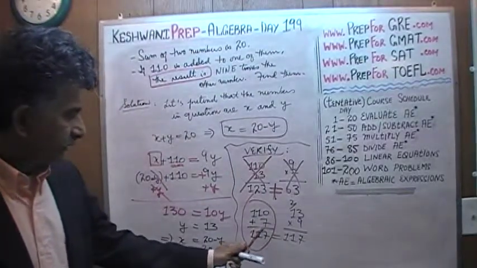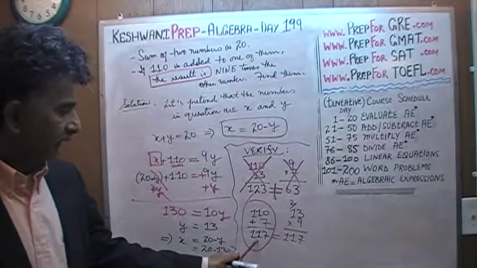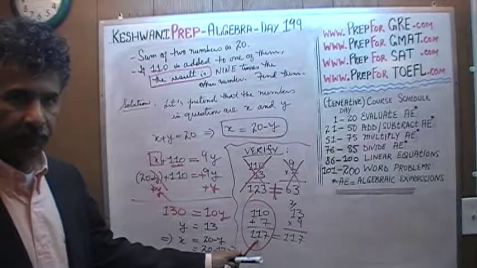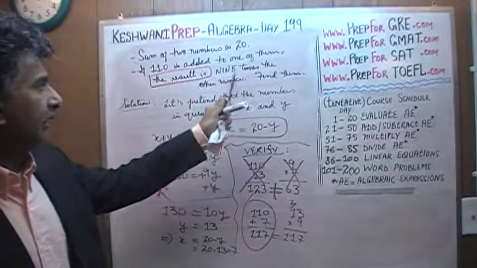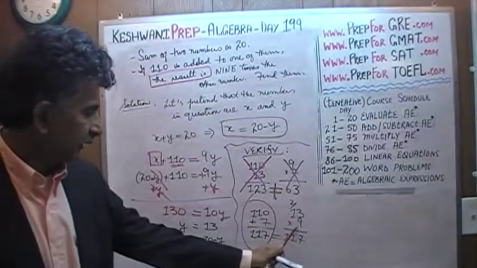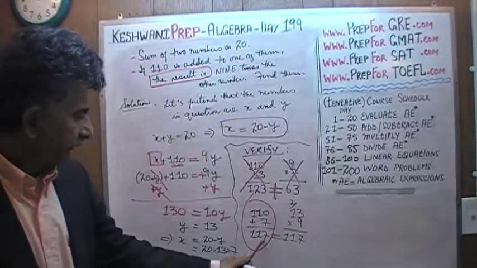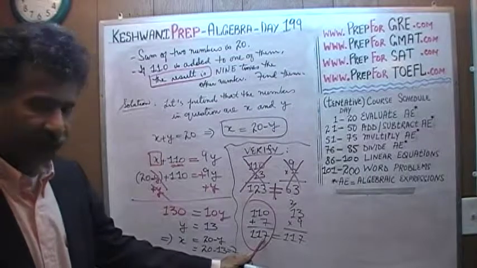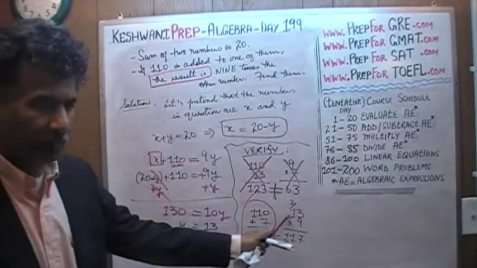It is the x to which we should add 110, and we get 117, and that quantity, the problem tells us, has to equal 9 times the other. If x is 7, the other quantity is y. This is your y.